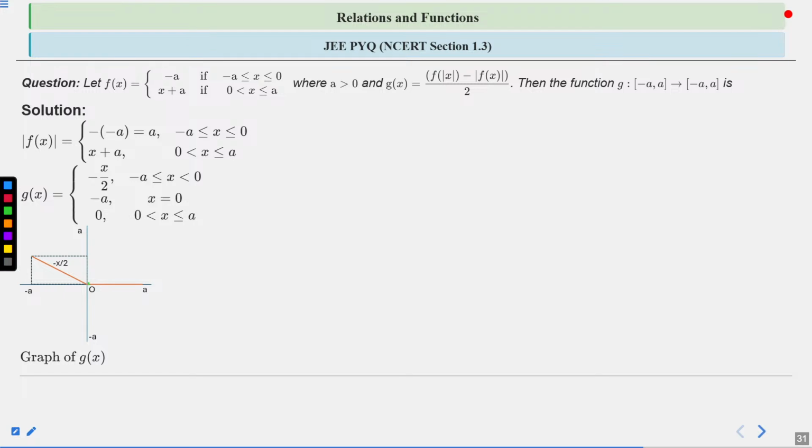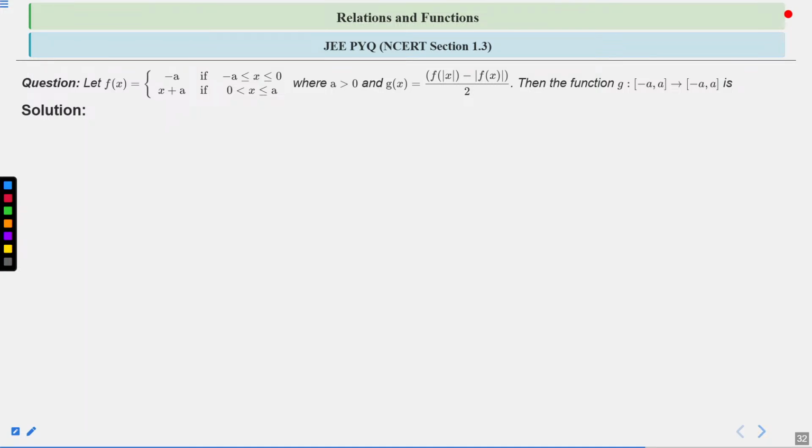Here it is a discontinuous function actually. So this is the graph of g(x).